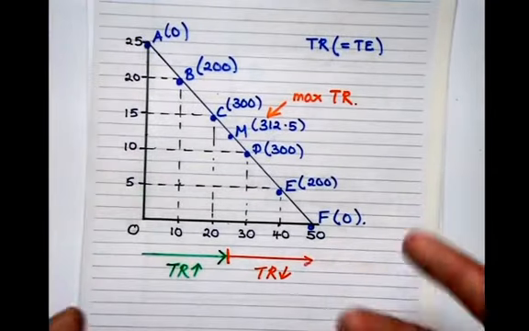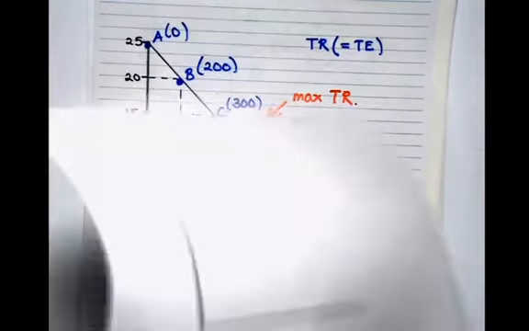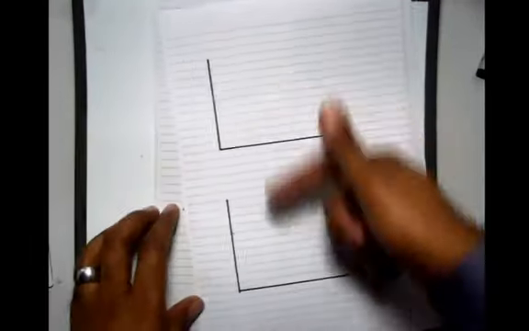So I told you we're looking at why we care about elasticity. Very last thing for today, we're looking at page 19 and 20. If you could draw two axes directly like this, please, one on top of the other.